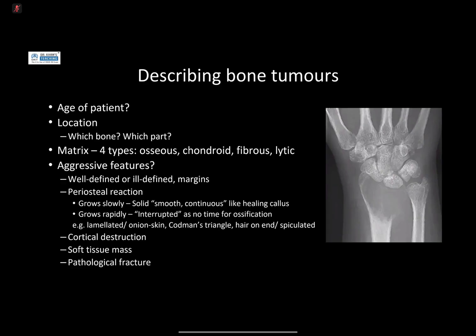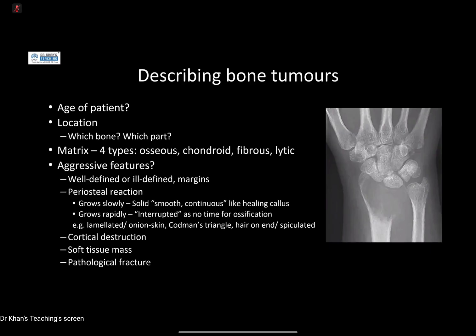When a lesion grows rapidly, you're having interrupted growth, so you're having more aggressive type periosteal reactions, such as hair on end, spiculated, that lamellated or onion skinning type of periosteal reaction. Whereas when something is either slowly growing or healing, so for example in a fracture, if you have a fracture healing, that can be nice and smooth and solid and continuous, which is non-aggressive.